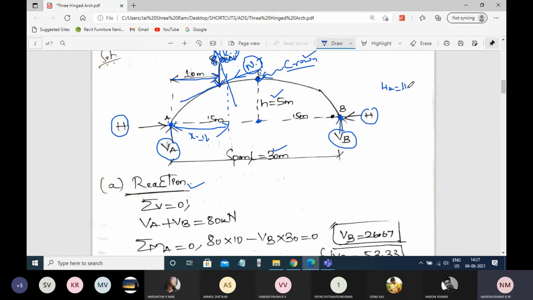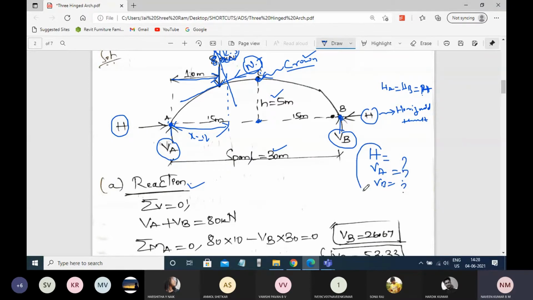Here HA as well as HB remain the same, so we can consider it as H. We call it the horizontal thrust, or you can call it horizontal reactions. So there are 3 unknown reactions that we need to find: one is H, one is VA, and one is VB.